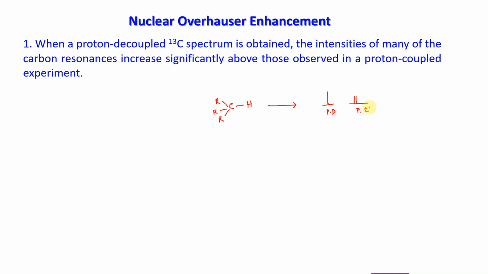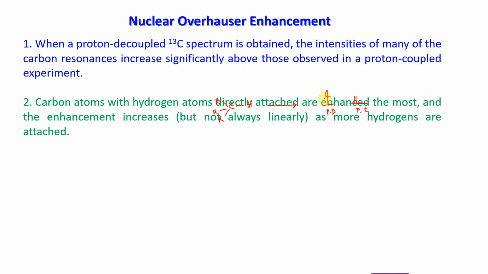This phenomenon we will observe. So what we can tell is that when you are doing proton decoupling, you have some enhancement, right? So this much was the proton coupled height, now you have this much enhancement. This is told here.